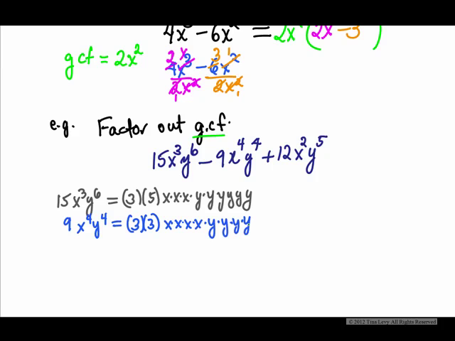The last term is 12x squared y to the 5th. Normally the factors of 12 are 3 times 4, but we use prime factors, so the 4 would be 2 times 2, times 3. x squared would be 2 x's, and 5 y's.